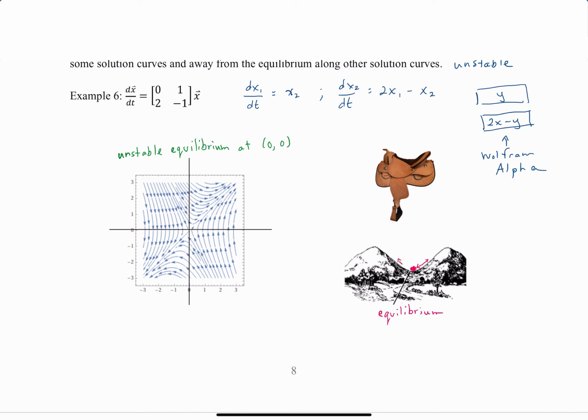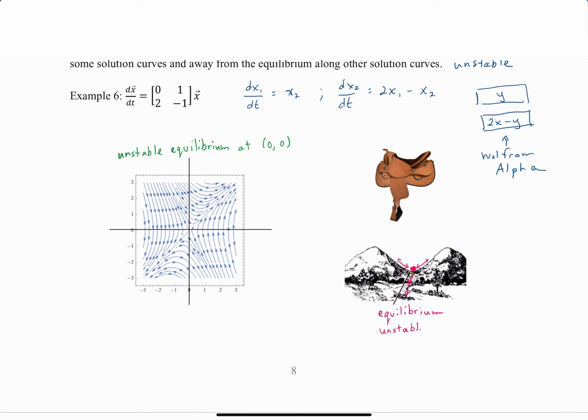So those directions will tend to push it toward the equilibrium point. But notice if it goes off the equilibrium point a little bit, going this way, going downhill, it's just going to keep going downhill. So that is not a stable point of motionlessness. It's unstable.